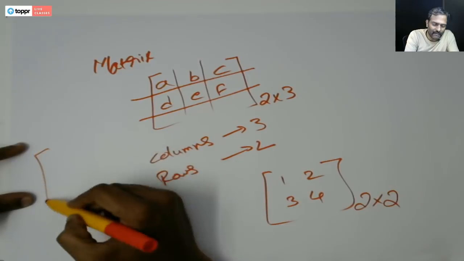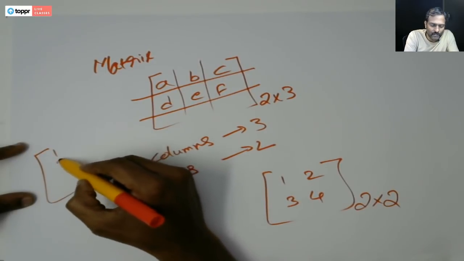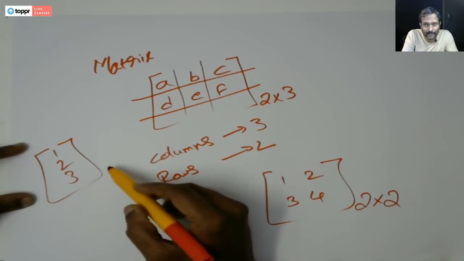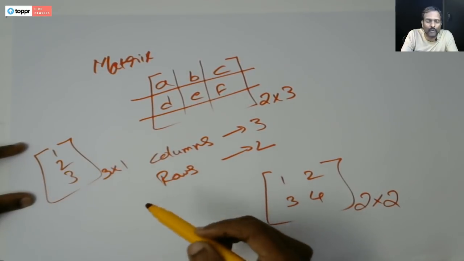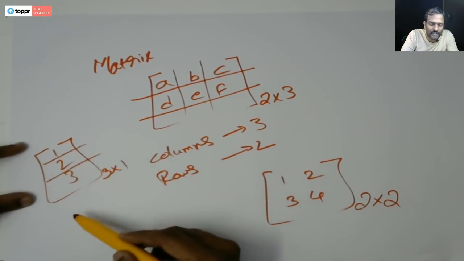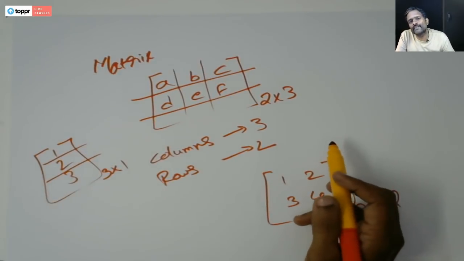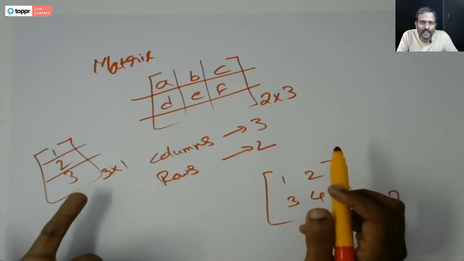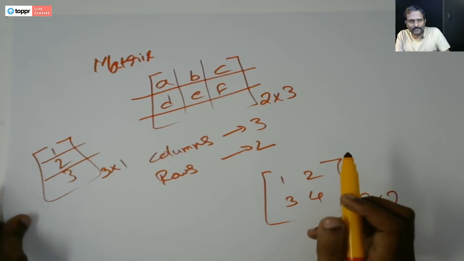Say suppose I have a matrix 1, 2, 3. This is a matrix again, and the order of the matrix is 3 by 1, which is 3 rows and 1 column. So we talk about matrices in terms of their order, which is the number of rows by the number of columns, right?